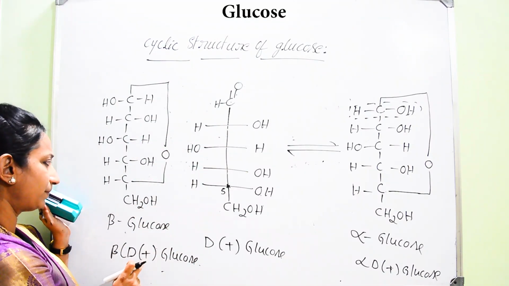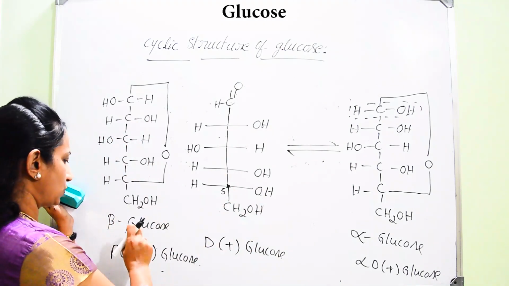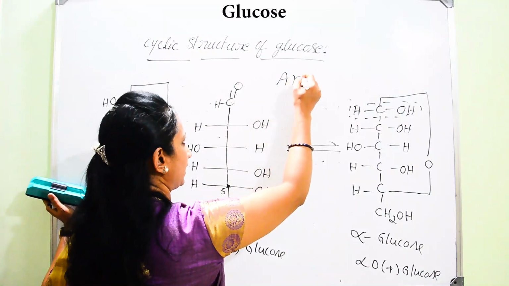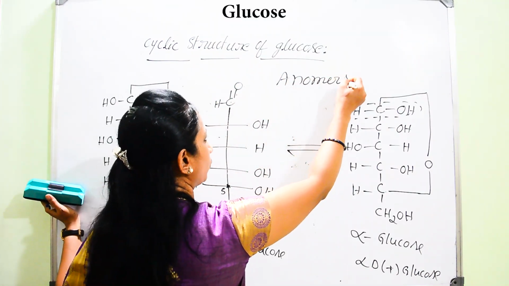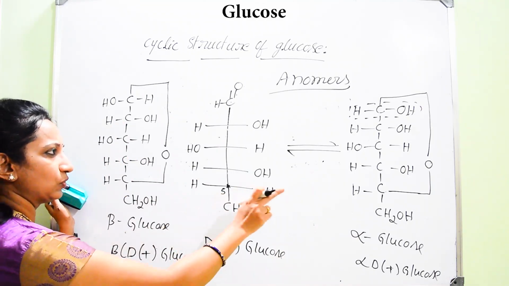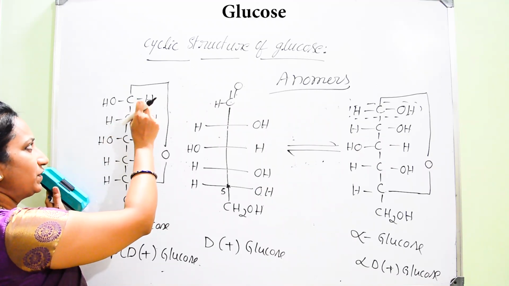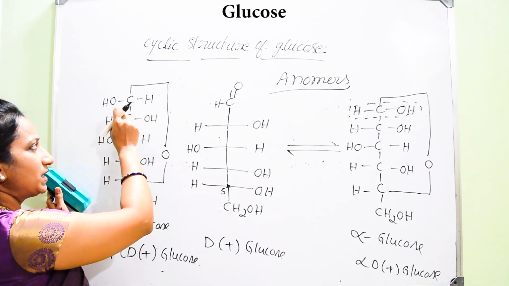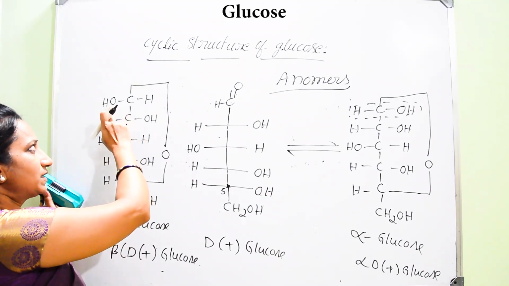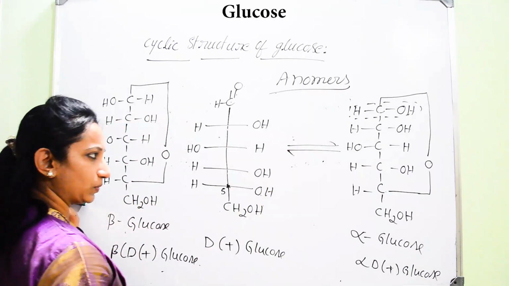But what makes them different? They are considered anomers. The alpha form and beta form of glucose are called anomers. Then what are anomers? The isomers of glucose which differ in the configuration around the C1 carbon atom are called anomers.